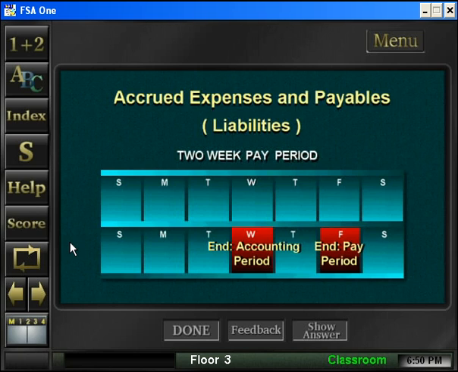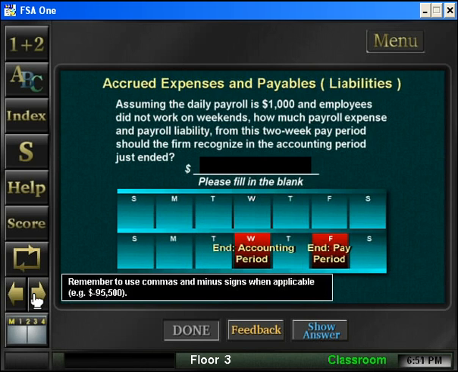Therefore, payroll expense should be recognized. You are correct.